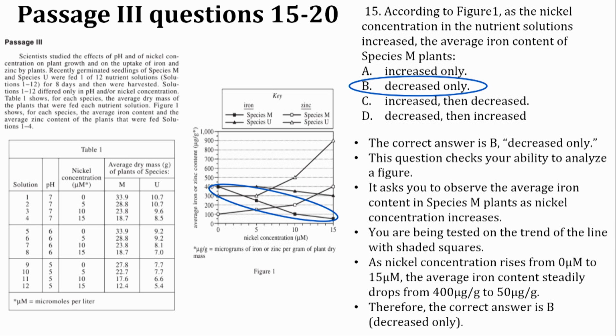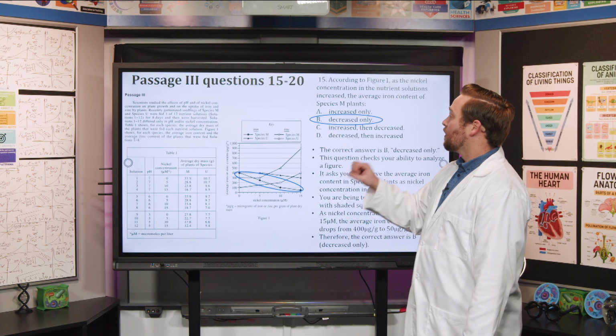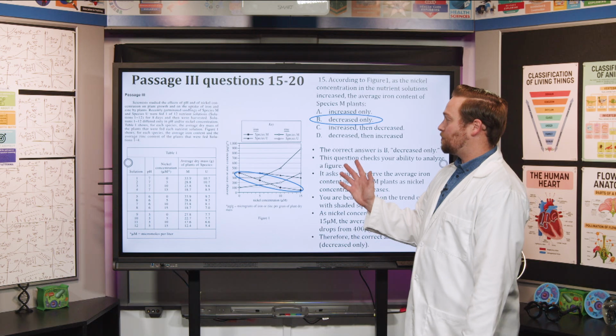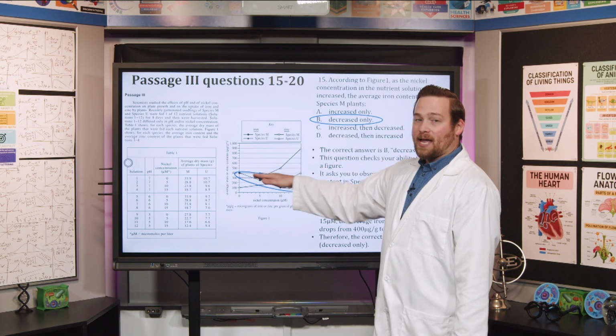So what's really going on here is that if you look at this figure 1, this graph, we need to identify which of these species is species M. Looking at the key up here, you can see that the solid squares is species M. There is a steady trend here.